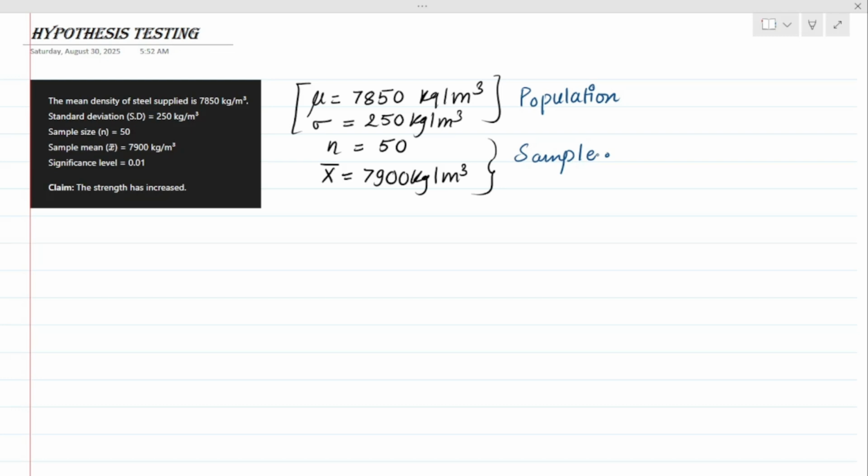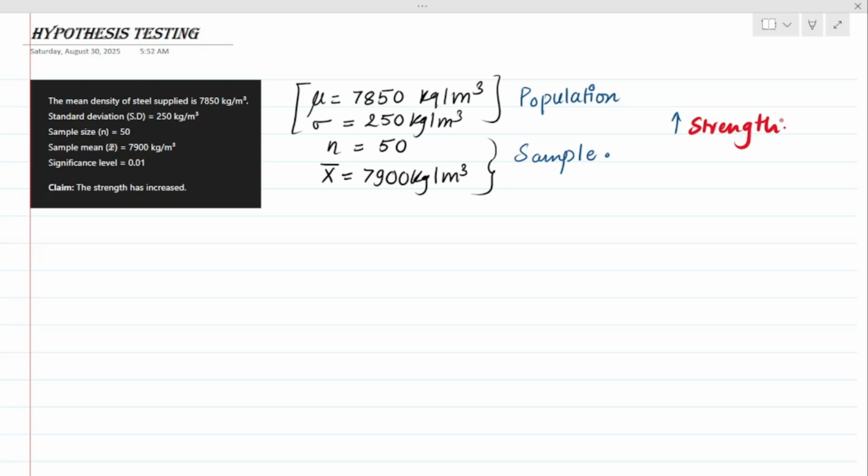Now suddenly the company claims that the strength of the steel has increased, and so it sends out 50 samples to the retailer, and the company tests the increased sample and finds out that the sample mean is 7900 kg per meter cube. Now, can we support this claim from the given sample, given that our significance level is 0.01?